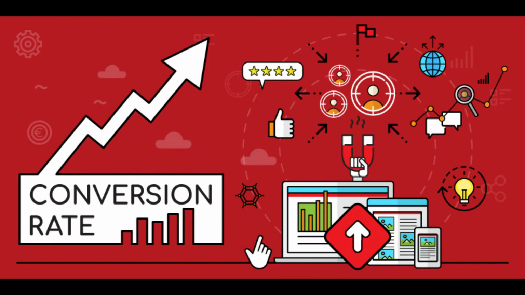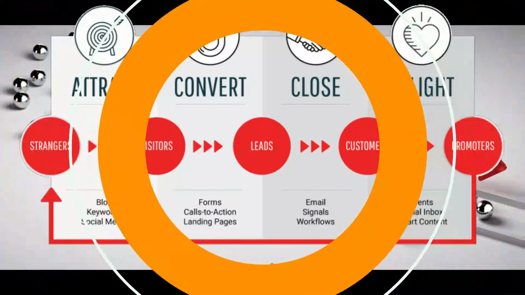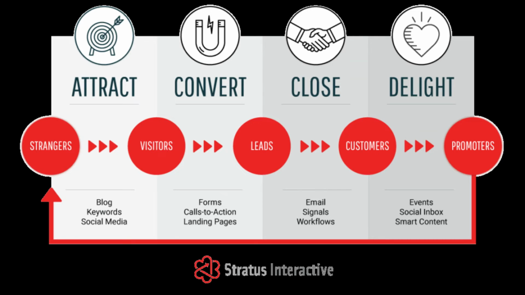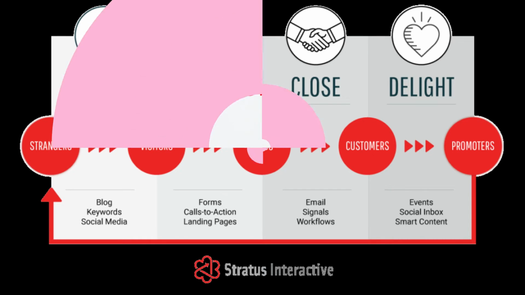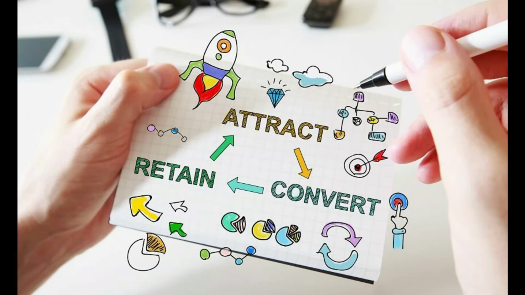CRO Tip 11. Recover lost sales by following up on abandoned carts. According to the Baymard Institute, the average cart abandonment rate is 69.82%. That rate is even higher on mobile, where the average shopping cart abandonment rate is 85.65%. Recovering just a fraction of those missed sales could do wonders for your conversion rate.